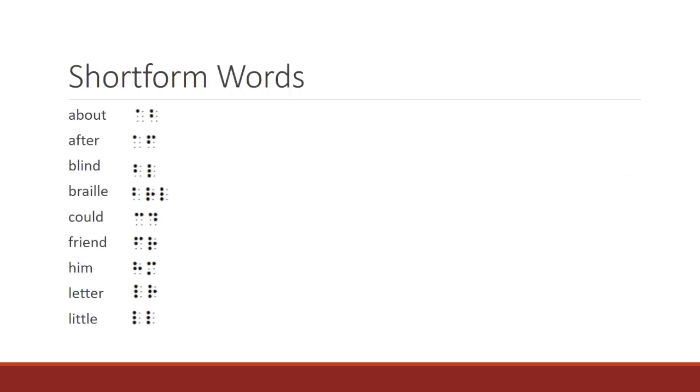There are a total of 76 short form words, but today you are going to learn 15 of the most common ones. The short form words are made up of a few of the letters of the full word.